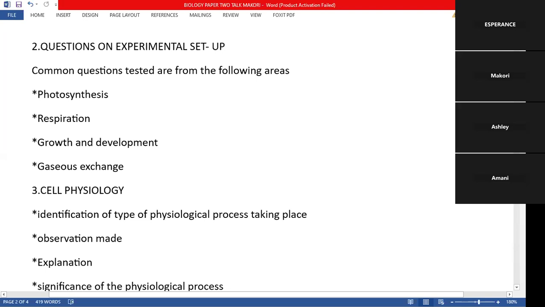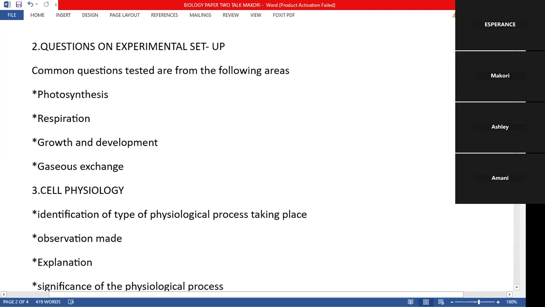That is an example. You can also get another one containing glucose solution that has been boiled, cooled, then yeast added to it, then oil, then a delivery tube connected between that setup and lime water again.